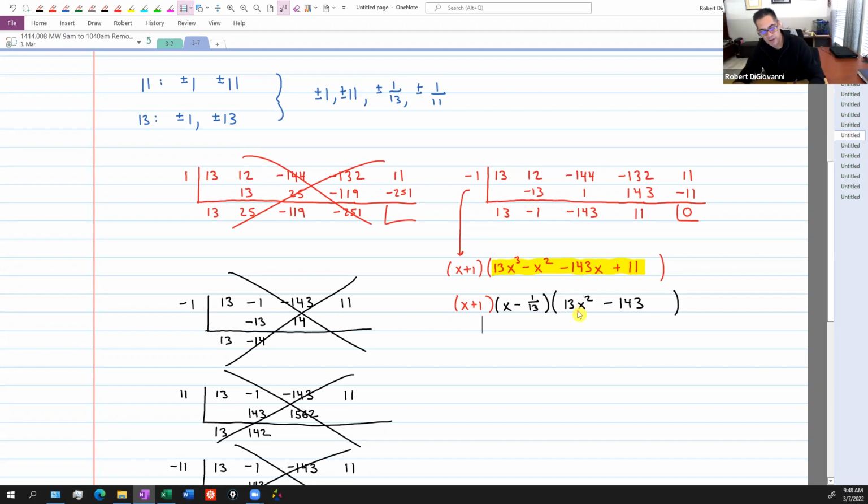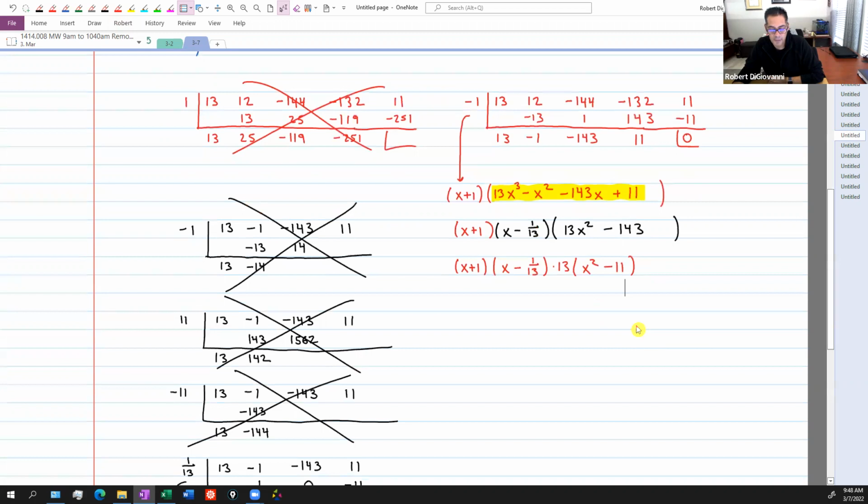So I'm going to pull a 13 out of the last one here. That leaves me with x squared minus 11. And then this again in green is a difference of squares. I can write that as x plus something, x minus something.